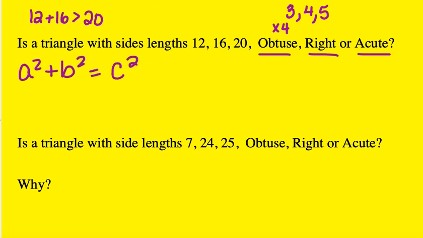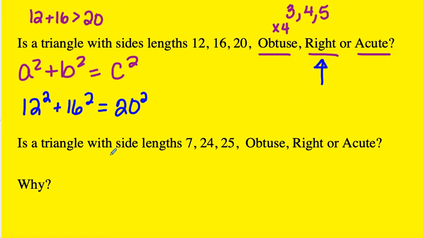So one way to prove that something is a right triangle would be to see if 12 squared plus 16 squared equaled 20 squared. And if that were true, then it would be a right triangle. In this case, if it's a Pythagorean triple, we also can say that it is a right triangle.